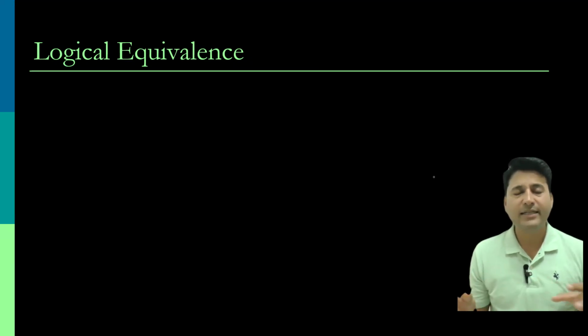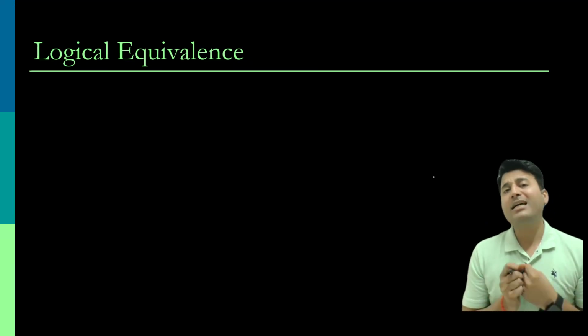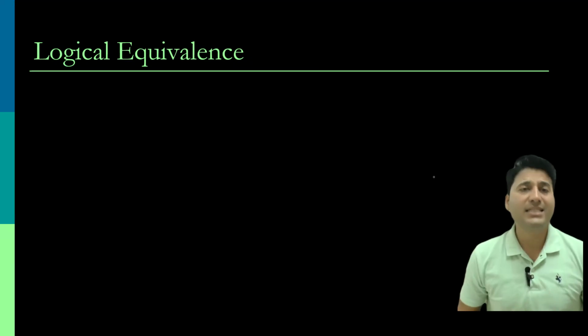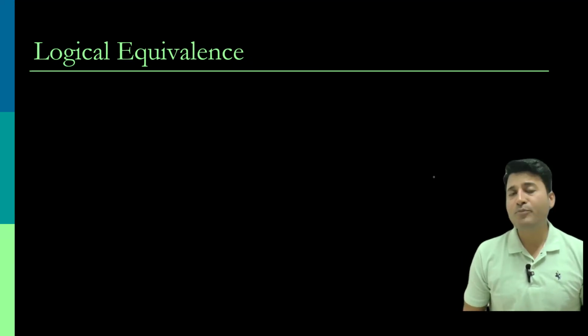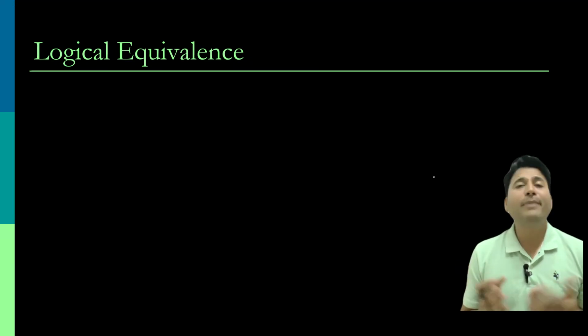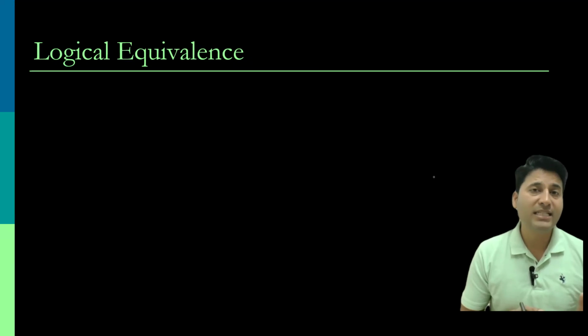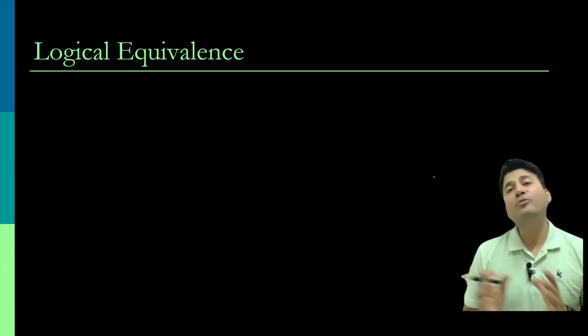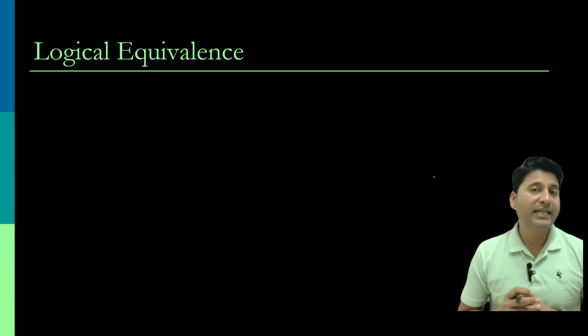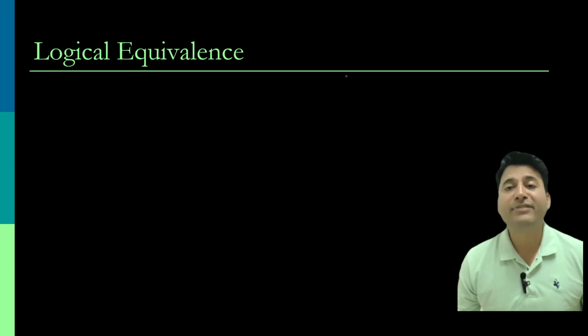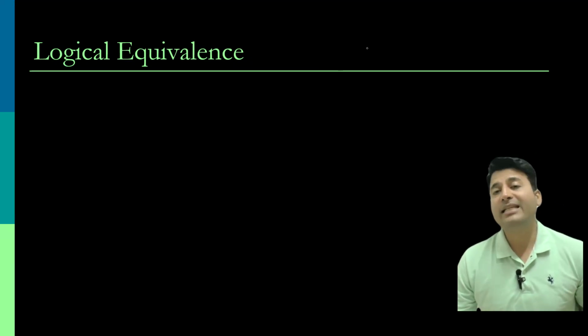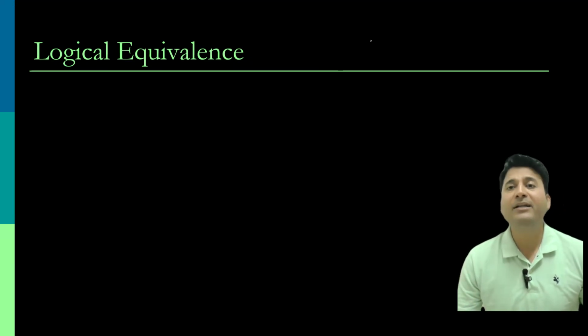Both circuits are called logically equivalent if their final output comes out the same, no matter what inputs you give to the system. The corresponding output should come out the same in both cases. It does not matter whether the propositions are actually the same or not.